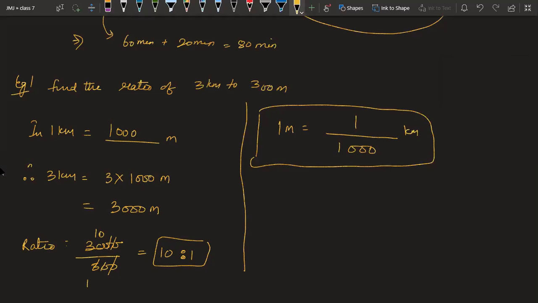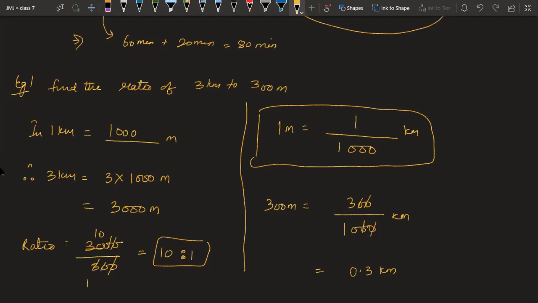Now we have to convert 300 meters into kilometers. So class, what will we do? 300 upon 1,000 kilometers. 0 0 will cancel, 0 0 will cancel. Answer will be 0.3 kilometers.